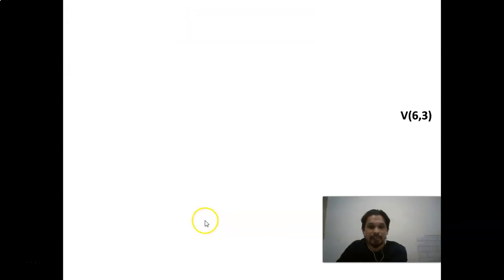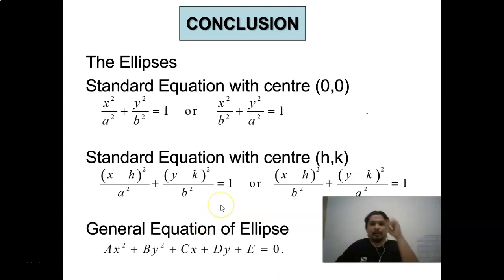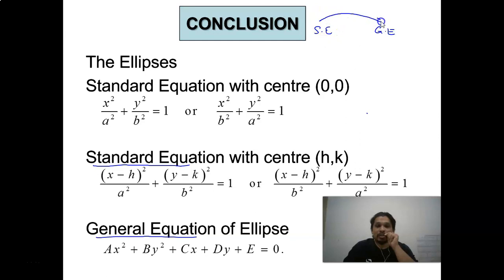Before that, class, I came up with my conclusion between the standard and general equation. From standard to general equation, what we need is just to expand it and simplify.